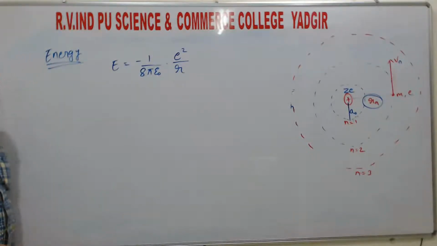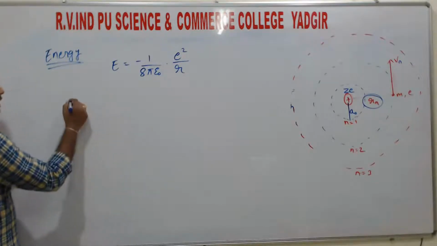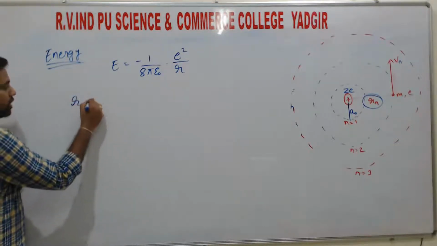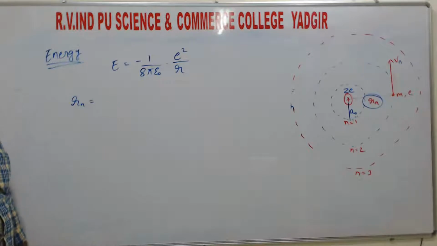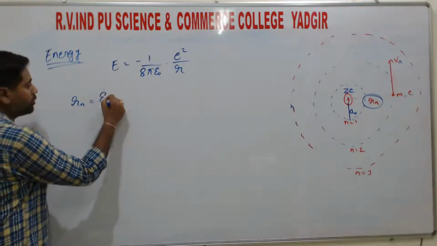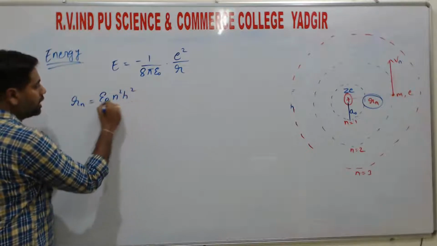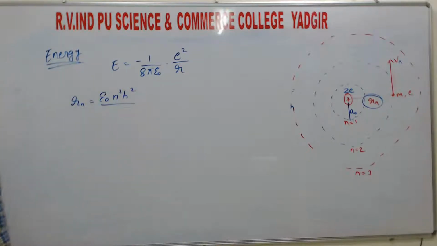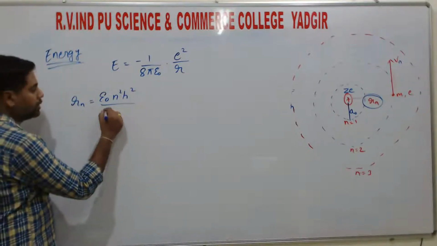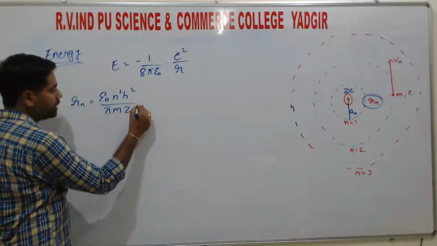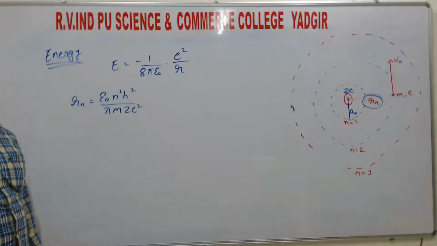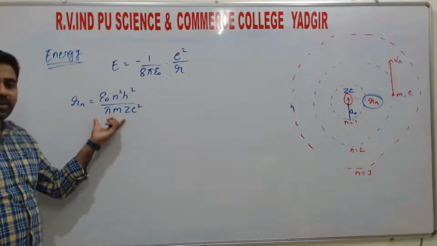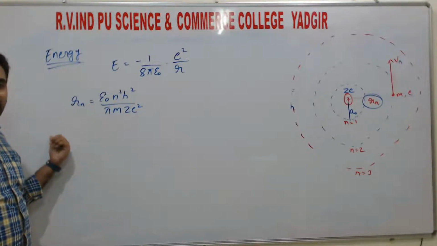As we already derived the relation, we can directly substitute the value of Rn. The value of Rn is epsilon naught n square h square divided by pi m z e square. This is the radius which we calculated in the last class.